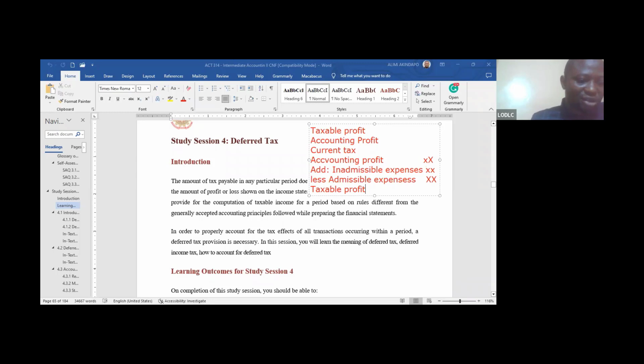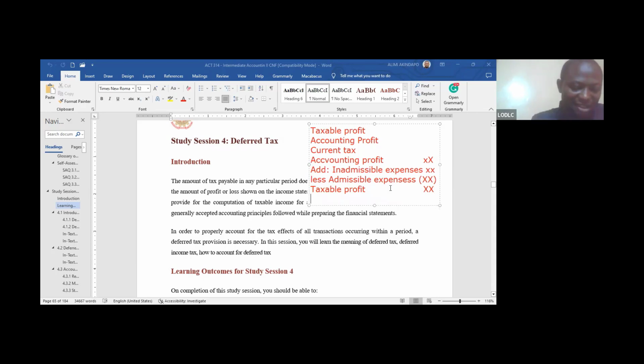So our taxable profit will be accounting profit plus inadmissible expenses, then less admissible expenses.